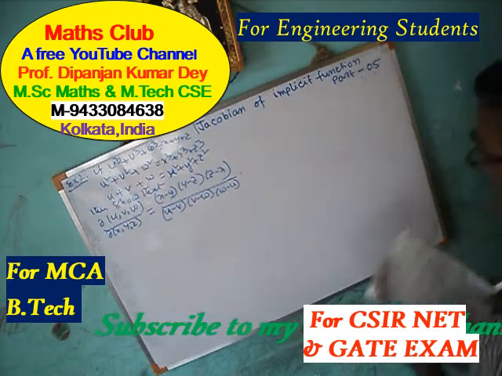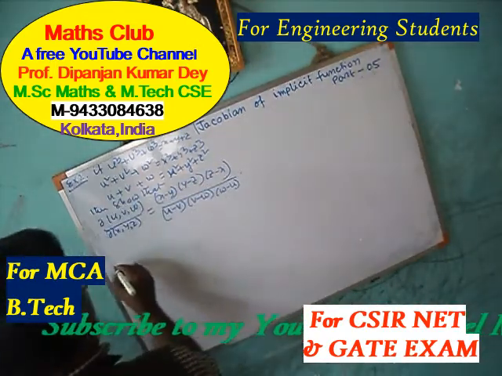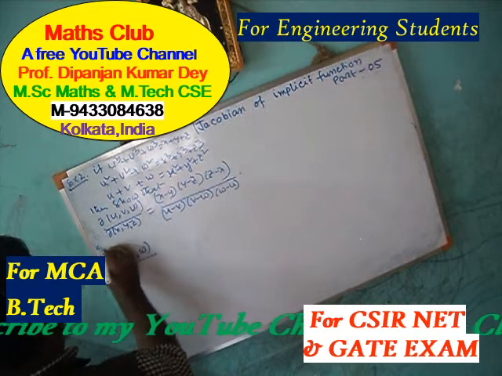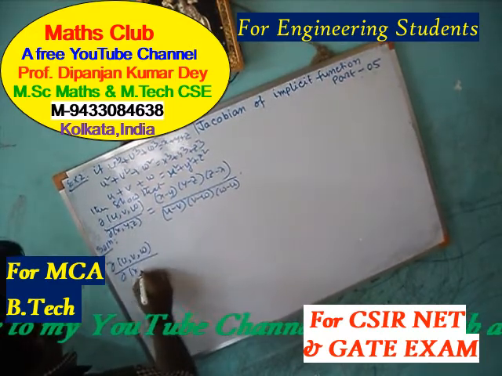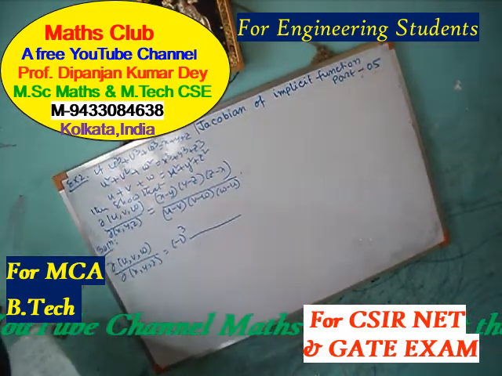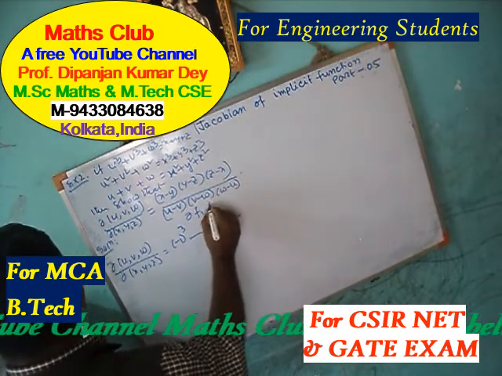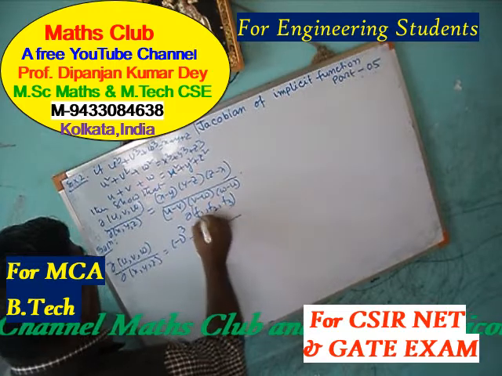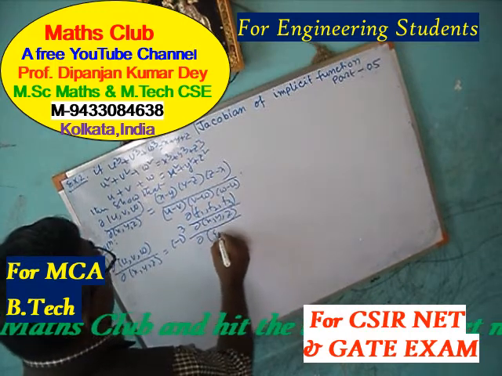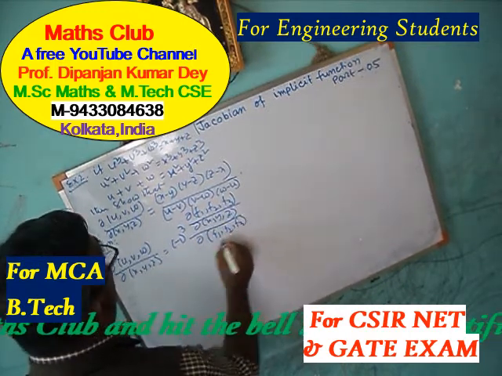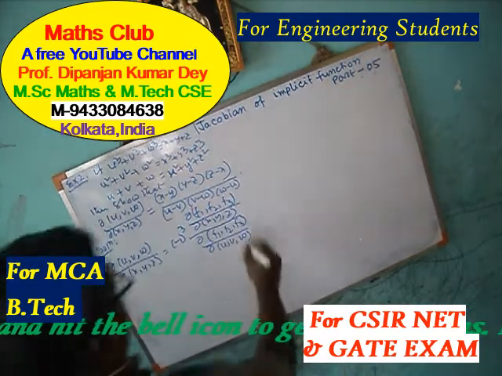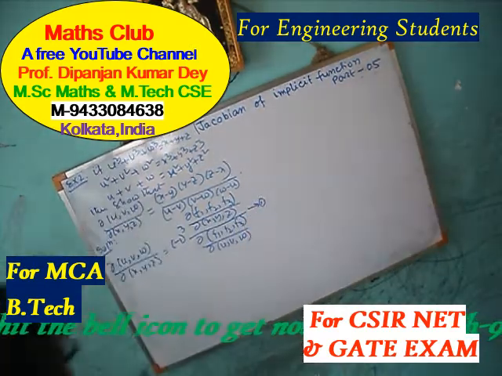So del uvw by del xyz, the formula will be minus 1 to the power 3, then del f1, f2, f3 by del x, y, z by del f1, f2, f3 by del u, v, w. Okay, this is equation 1.